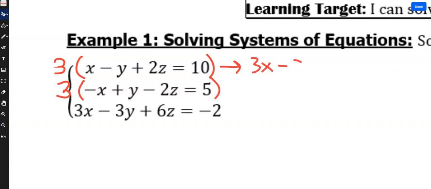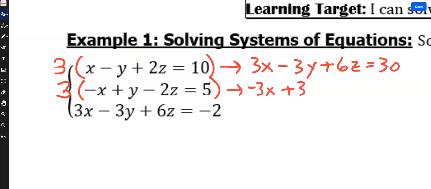3x minus 3y plus 6z equals 30, and negative 3x plus 3y minus 6z equals 15.